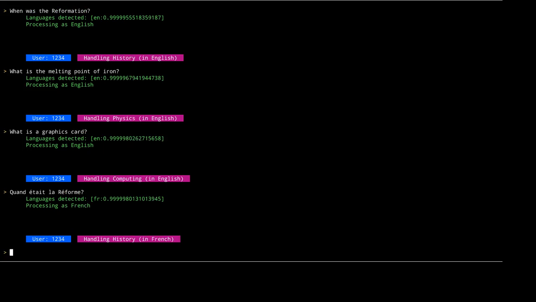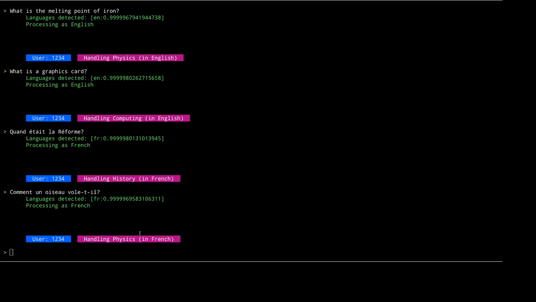So I've got some examples here in French which are basically just translated. They're not the exact same examples as I had before, but that one actually is one I reused, which is about the Reformation. So that's handling history, and it says it's in French, so it's correctly detected that. This one is interesting because it's "how does a bird fly?" You could argue that's almost biology as well, but when I run it through here, it actually thinks it's physics related. So some of these ones are near the cutoff between the two.